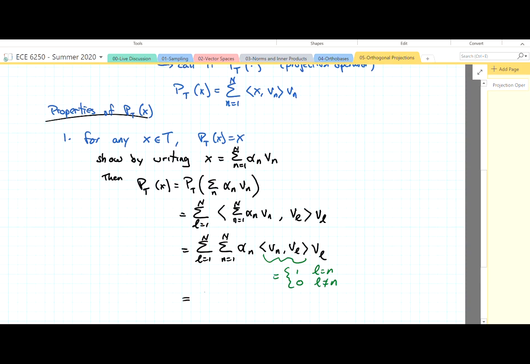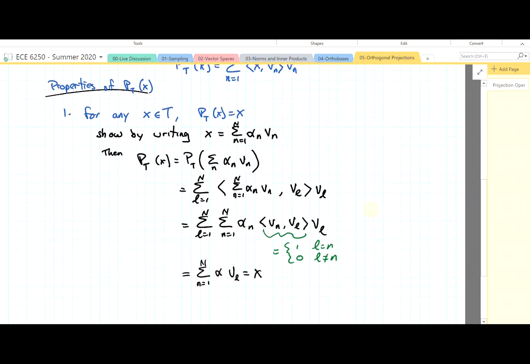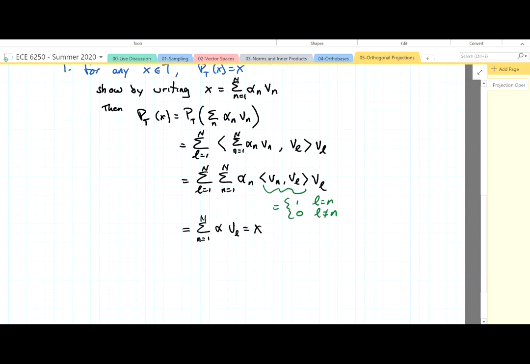That's equal to the sum of n equals 1 to N alpha n Vn, and we've already defined that as x. So what we found is, regardless of what x is, as long as x is in t, then when we do our projection, we get x back.